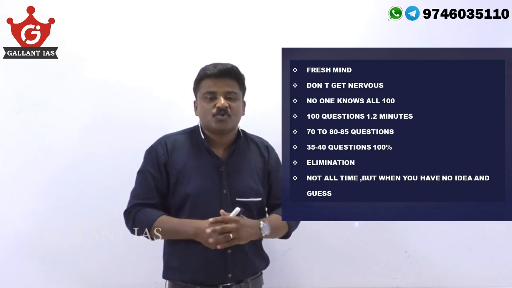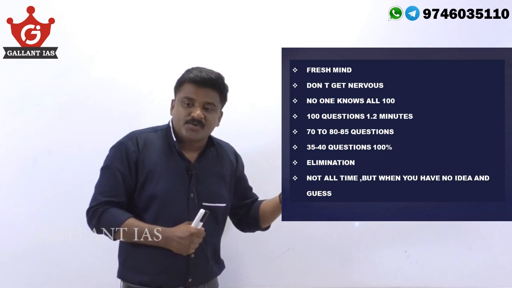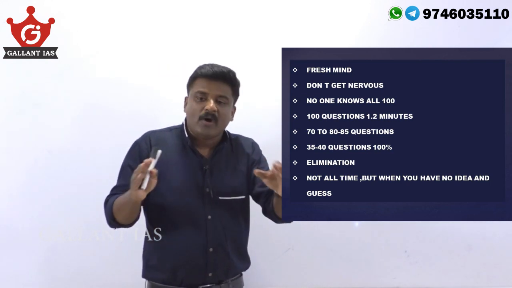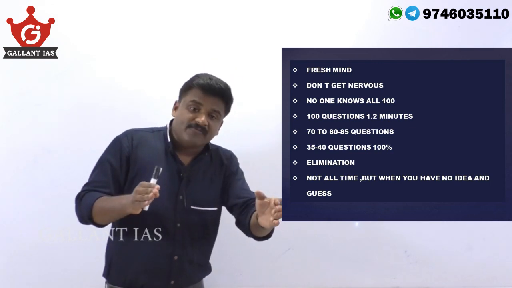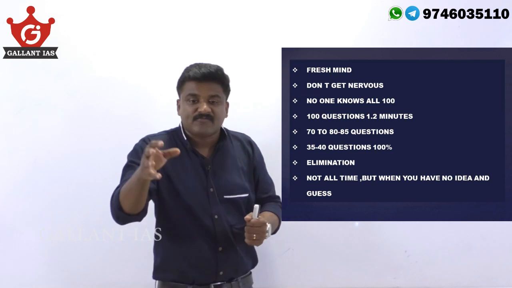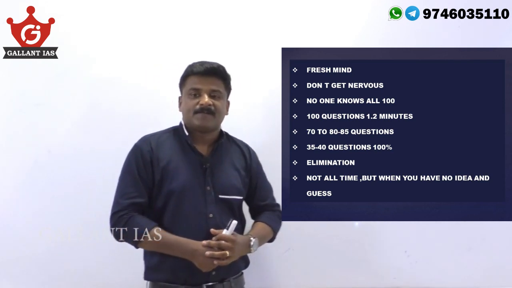But in some questions, you are supposed to apply the elimination. And elimination is not applied all the time. It is applied on those questions where you have no idea about the answers, where you are confused about the answers, where you have to apply your guess, or 50-50 questions, etc. There you have to apply this elimination method.